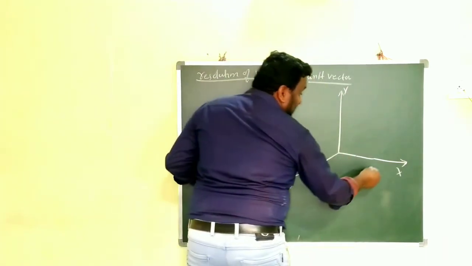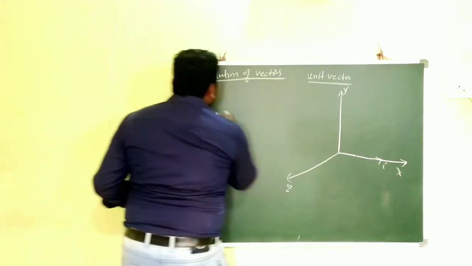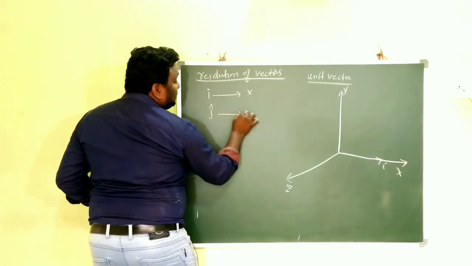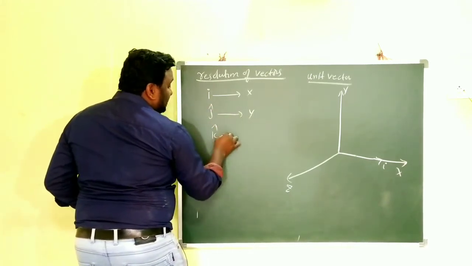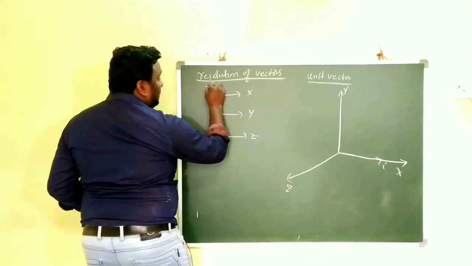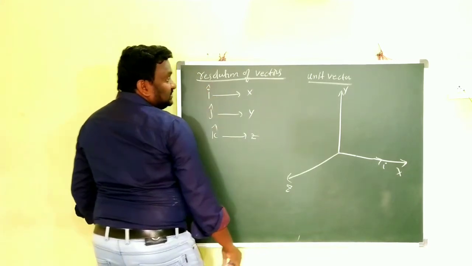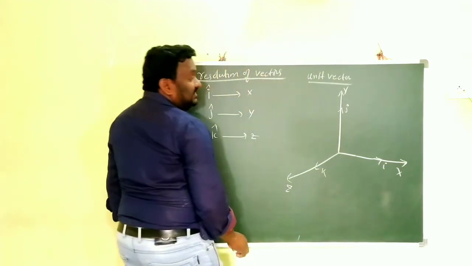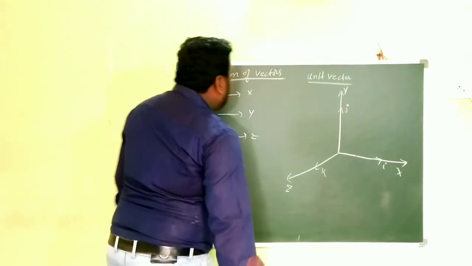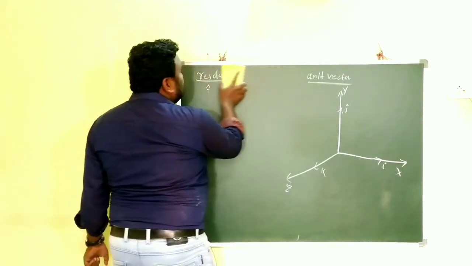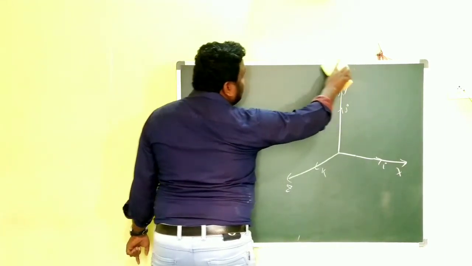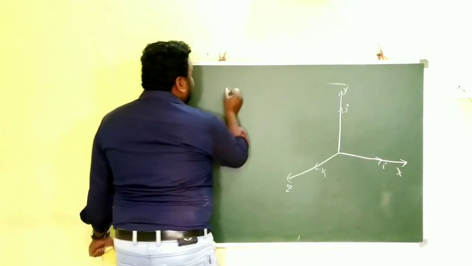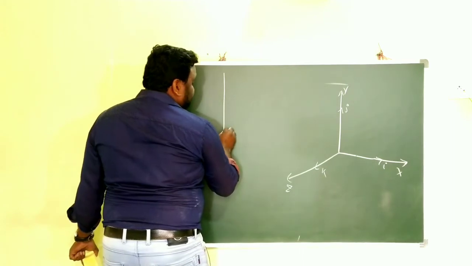So unit vector i represents the x-axis, unit vector j represents the y-axis, and unit vector k represents the z-axis.